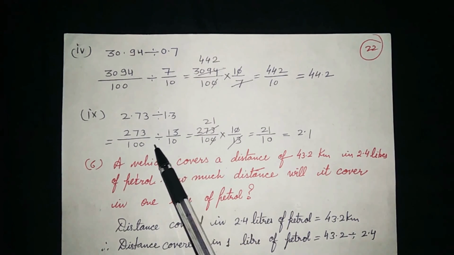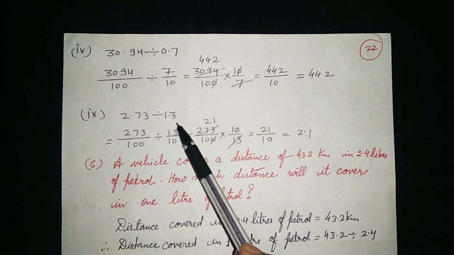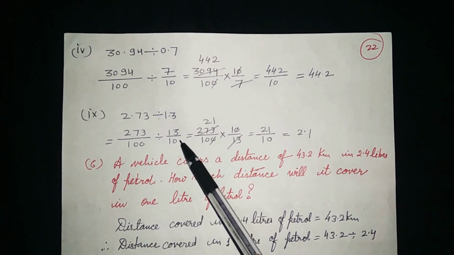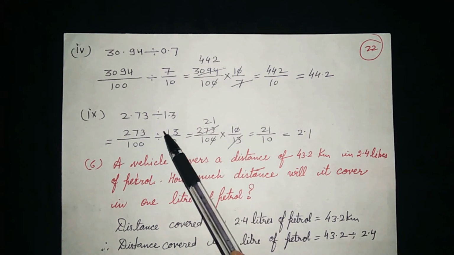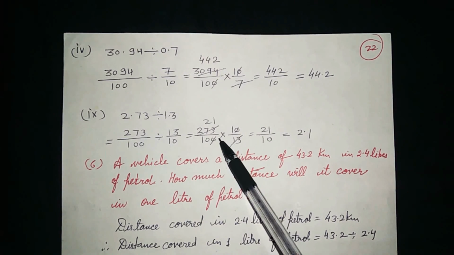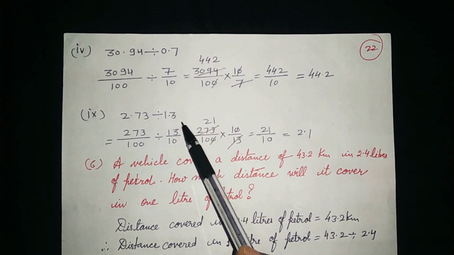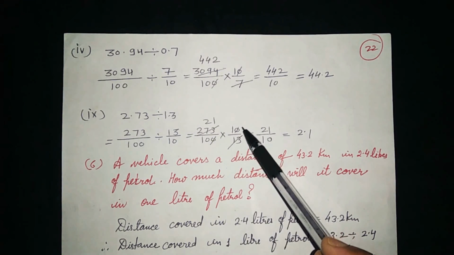And the division sign, and 1.3 we will write like this, 13 upon 10. Now see the next step. Again for the division sign we will put the multiplication sign, and the reciprocal of 13 upon 10 is 10 upon 13, which we will write here.